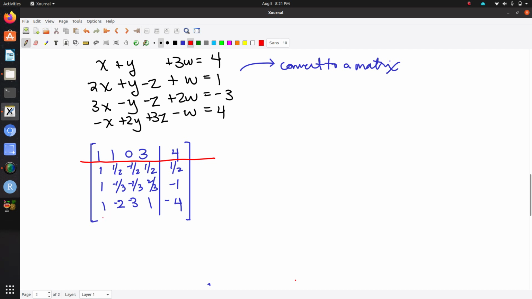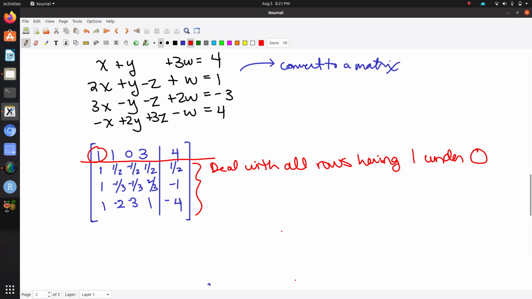In this case, okay, deal with all rows having 1 under this element that has a circle, that circled element. If it's 0, ignore. At this point you should only have 0s and 1s.